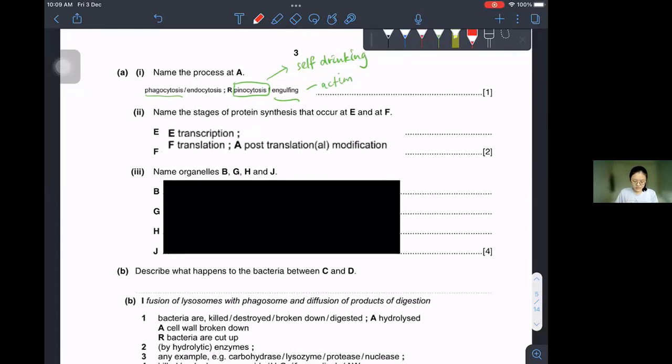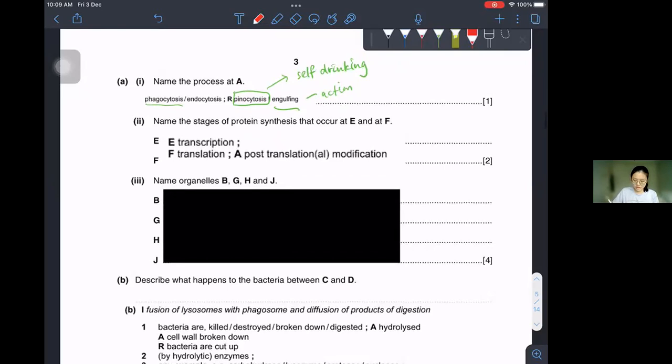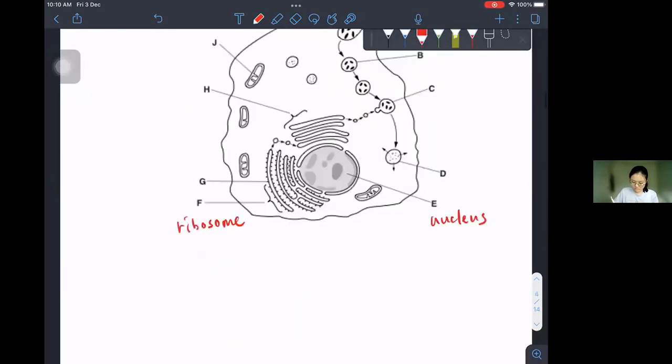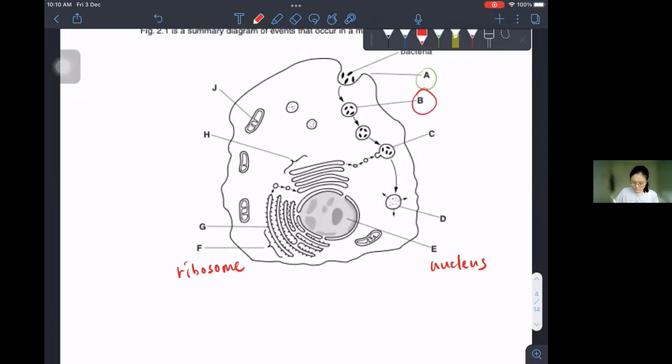Name the organelles B, G, H, and J. Anyone want to try? No?